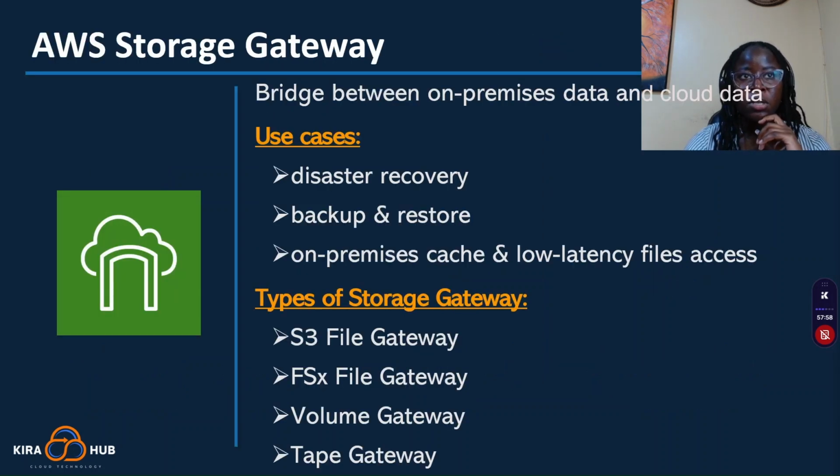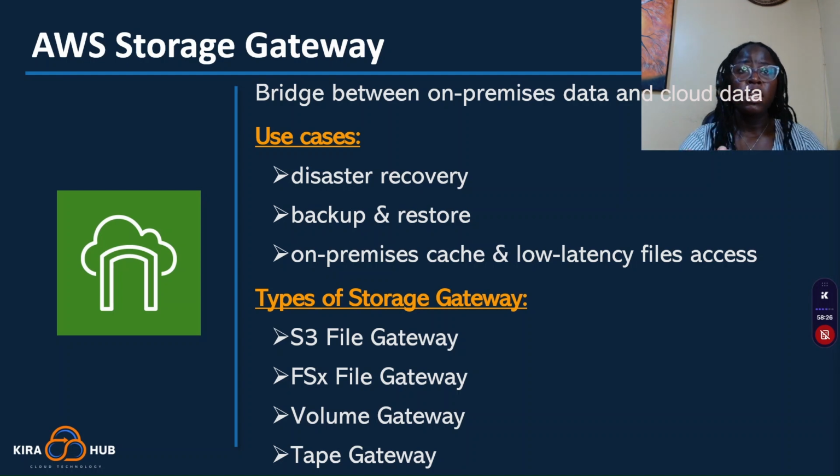Getting started with the Storage Gateway, we call it a bridge between your on-prem infrastructure and AWS cloud storage because it offers seamless integration to store data securely in the cloud while still maintaining local access for low latency needs. Some of the use cases of the Storage Gateway: it's good for disaster recovery, allowing businesses to replicate and restore data from the cloud.